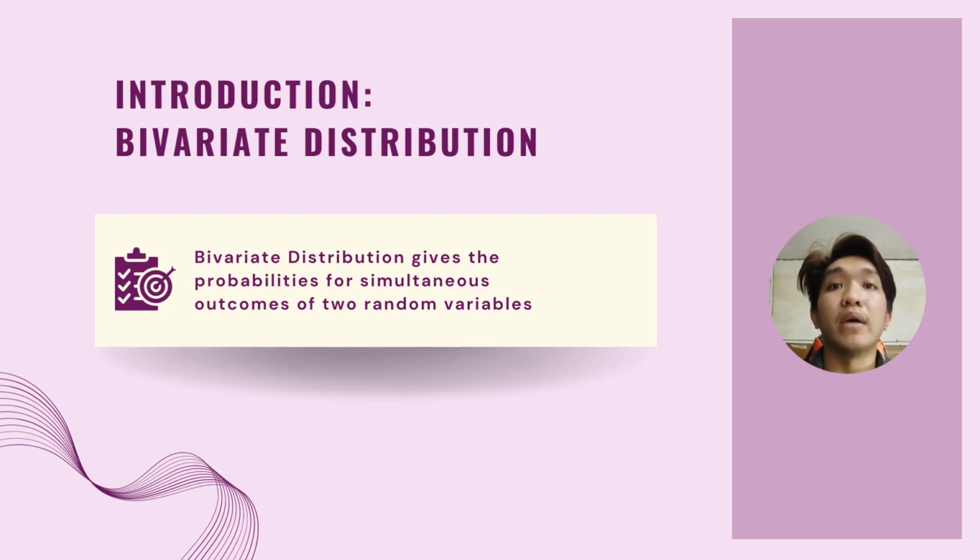By studying the bivariate distribution, we can gain insight into the combined probabilities of different outcomes, aiding in various fields such as economics, medicine, and social science, where the relationship between two variables is of interest. But our team is focusing more on medicine and public health.